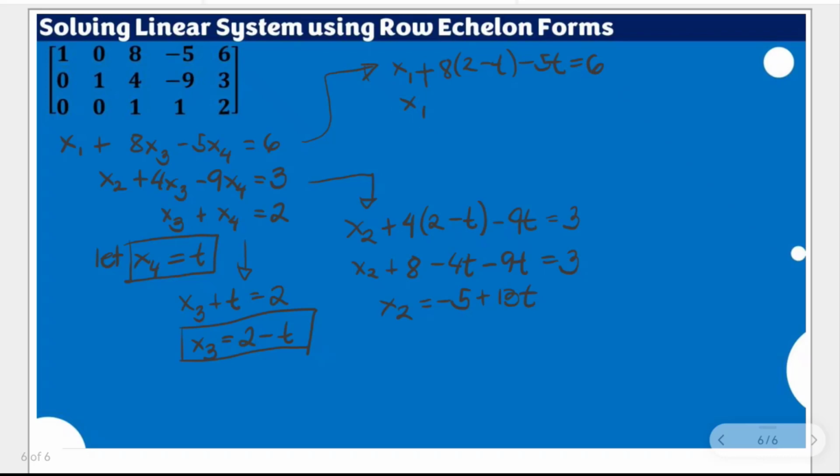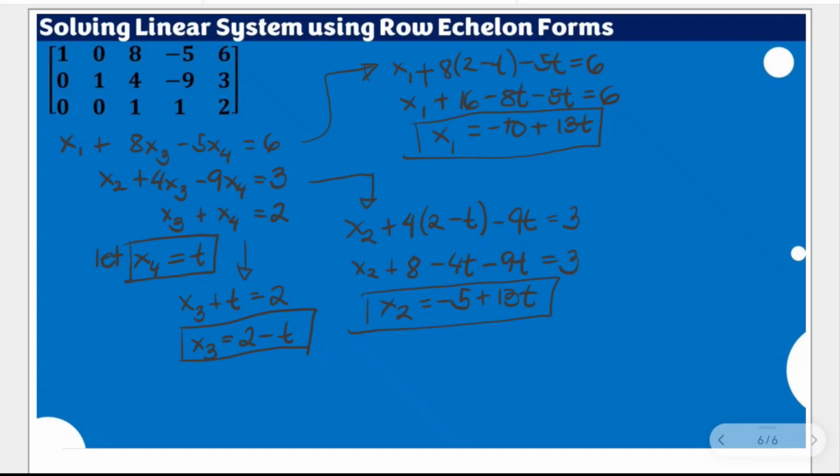So x sub 1 plus 16 minus 8t minus 5t is equal to 6. So x sub 1 is now 6 minus 16, which is negative 10, plus 13t as well. So these are the representations for x sub 2 and x sub 1 using the arbitrary variable representation for x sub 4, which is t.